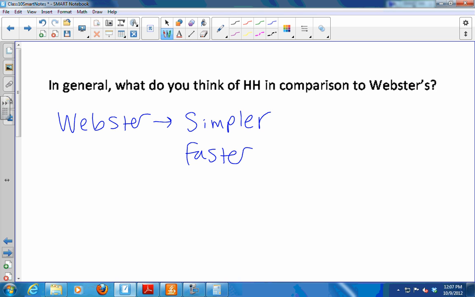So why do you think Huntington Hill was recommended then? More accurate how, though? What is it about that rounding rule that would make it more accurate?